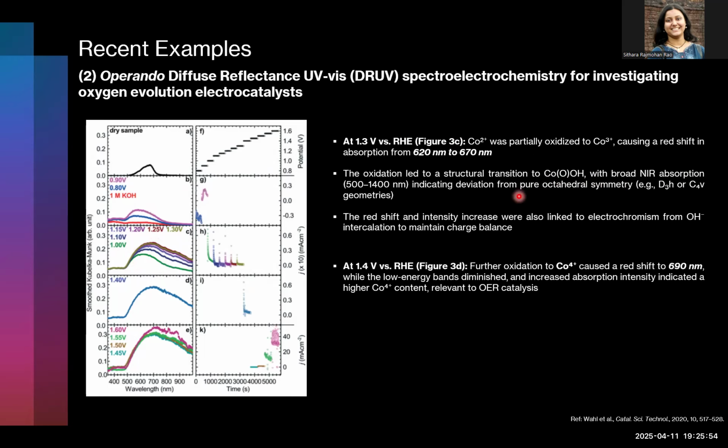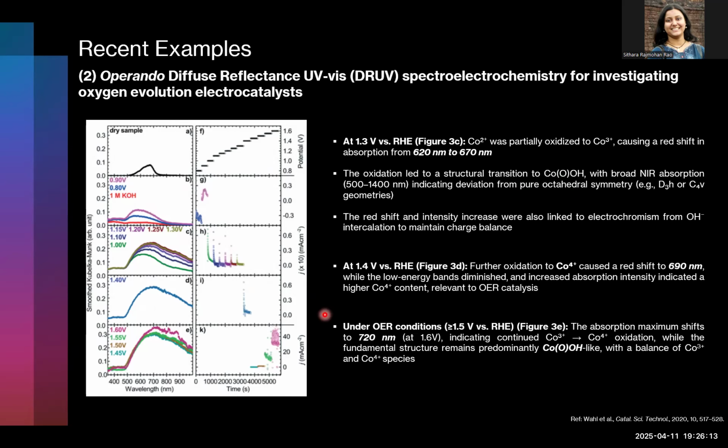At 1.4 volt, they saw a complete redshift to 690 nanometers, and the lower energy bands got completely diminished, which also proved there was further oxidation to cobalt 4+. A higher content of cobalt 4+ indicates that it's getting closer to the OER.